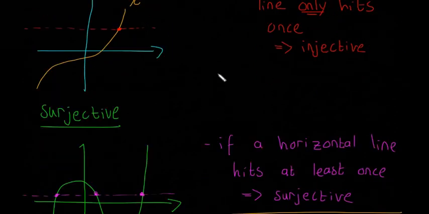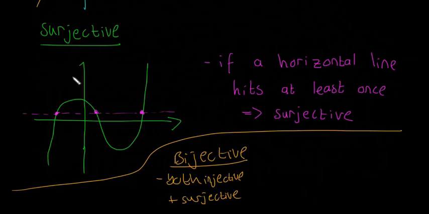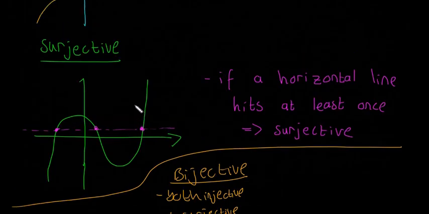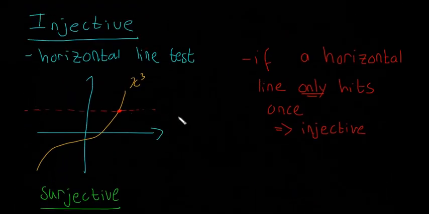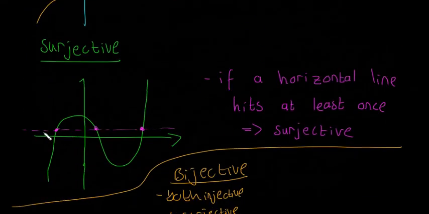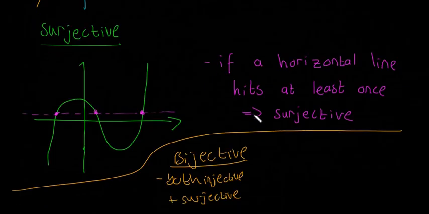A horizontal line only hits once, and it hits at least once, so it ticks both these boxes. That means it's bijective. This would not be bijective because it's surjective, but not injective for the reason I explained earlier: a horizontal line would hit it more than once, at these 3 points. So it's not bijective.